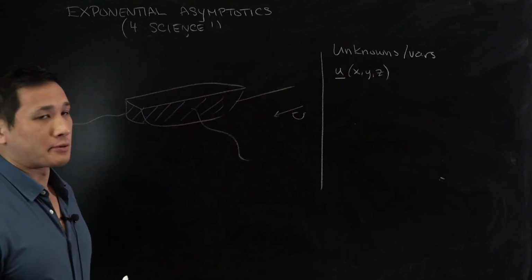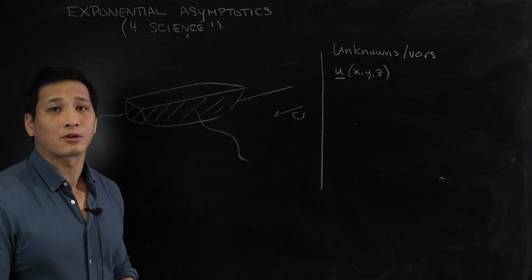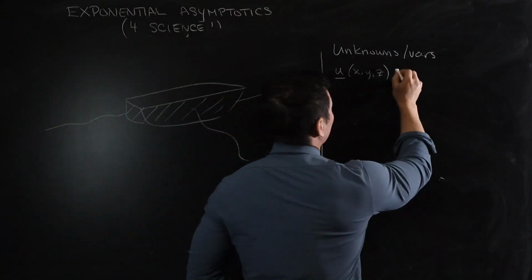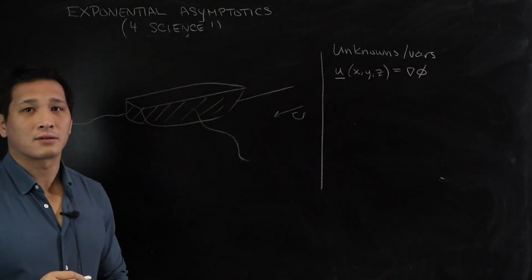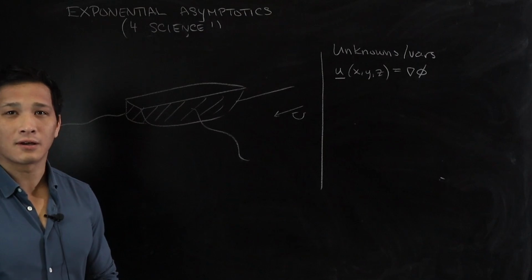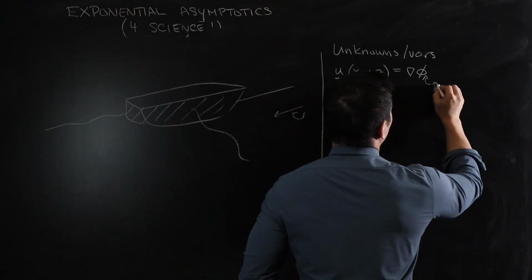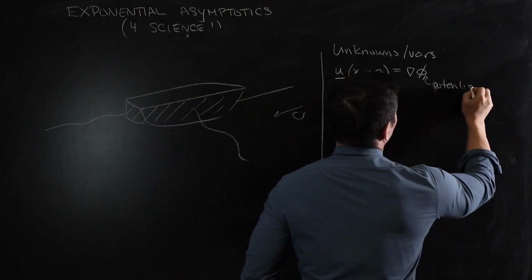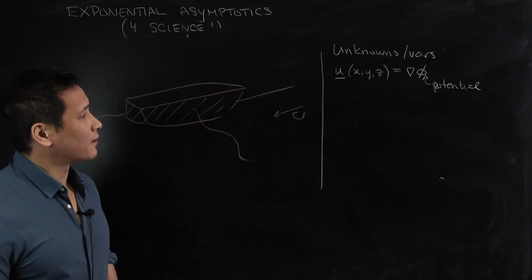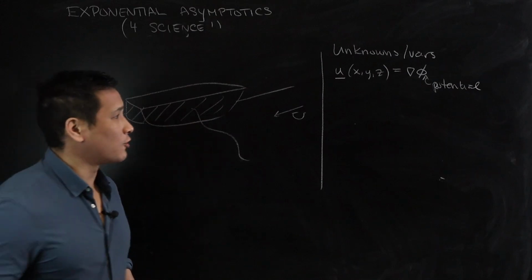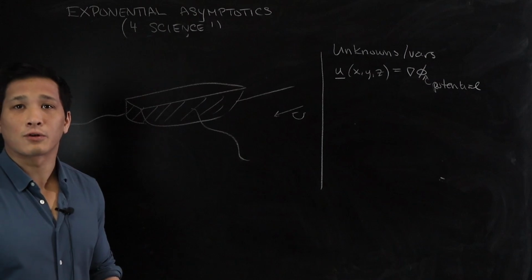But because the problem is what's known as a potential flow problem, because you've made certain assumptions on your water, it turns out that you can always write this velocity as a gradient of the potential, this phi. So you need to figure out what phi is, the potential. It turns out to be simpler to work with phi than it is to work with u.